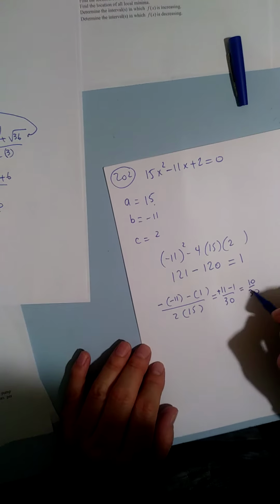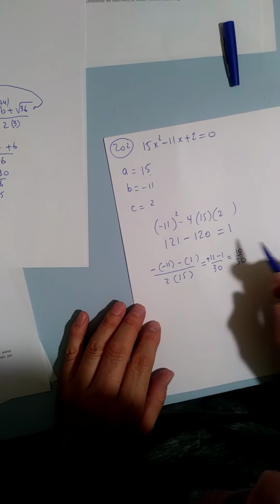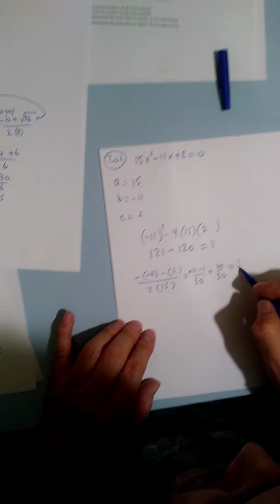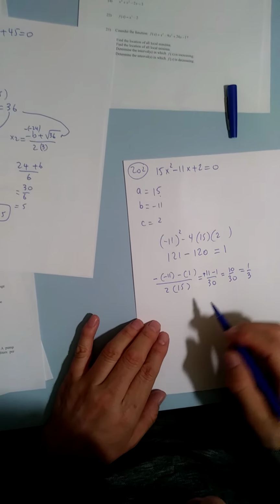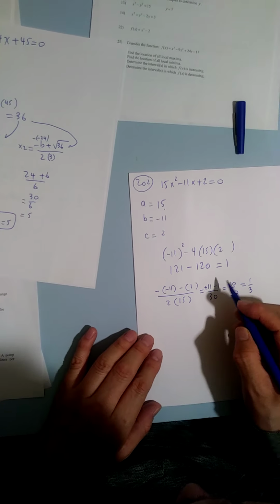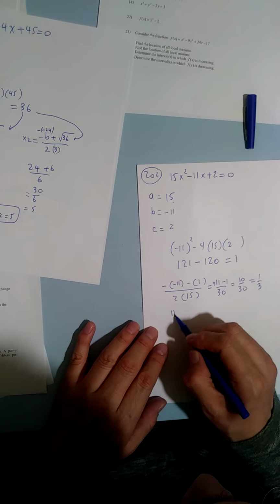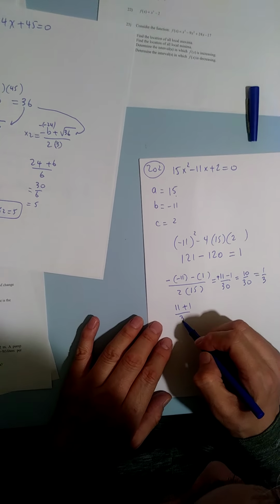Ten over 30. It was plus 11. Minus 11 is plus 11. 10 over 30 is 1/3. The second root will be just like this, but with a plus. So 11 plus 1 over 30.